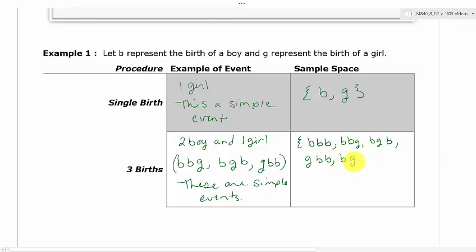So boy, girl, girl, and then girl, boy, girl. The next one would be girl, girl, boy. And then there's one more, and that's if they're all girls. So this is the sample space. This is all of the different possibilities in the birth of three children.